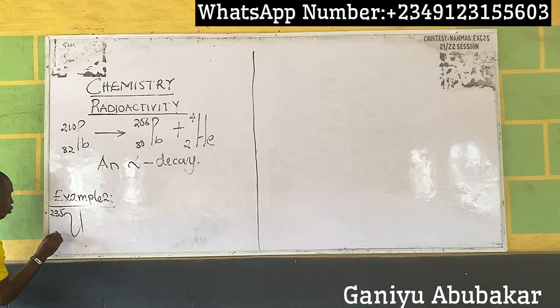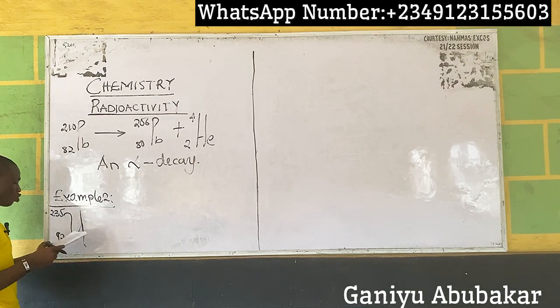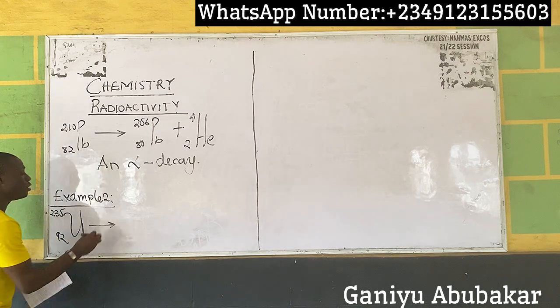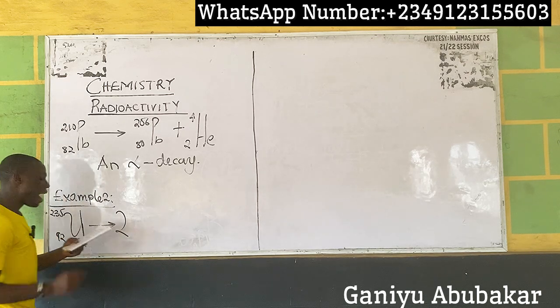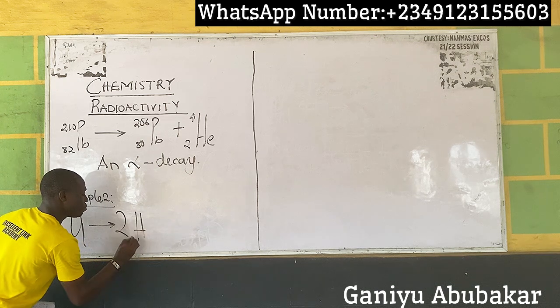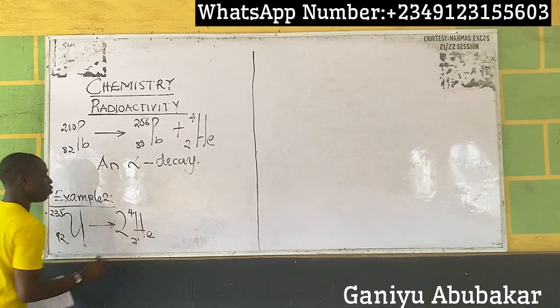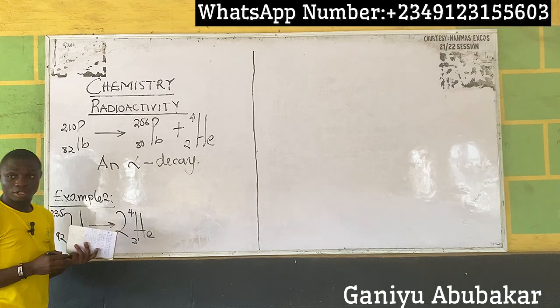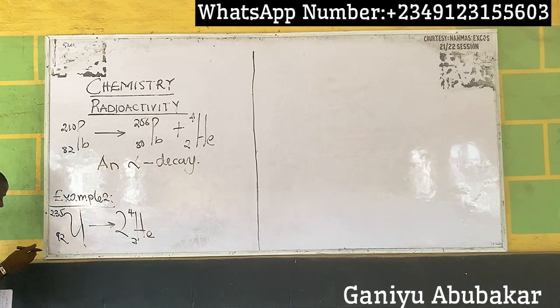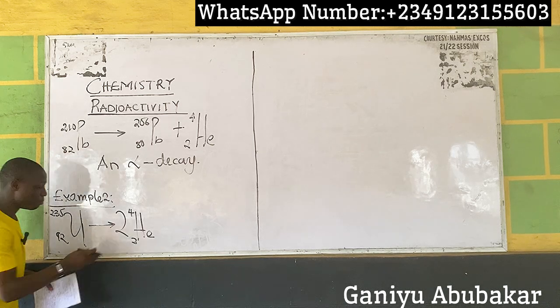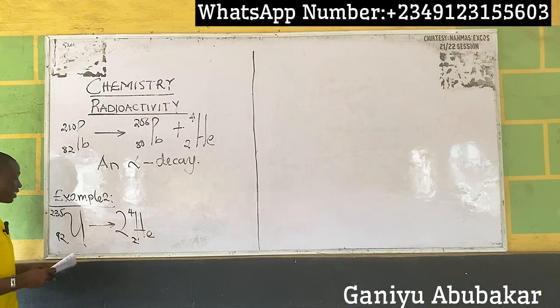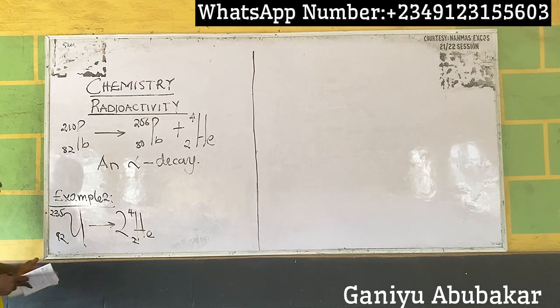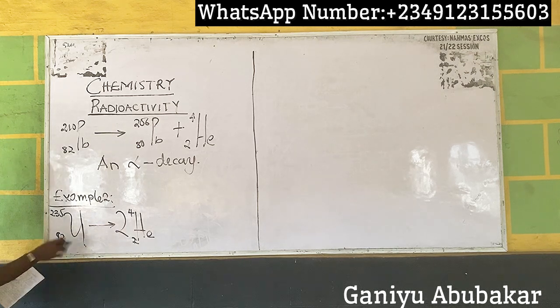I said the atomic number is 29, sorry, I wrote the correct thing down but said the wrong thing. 92 is the atomic number for uranium. It emits 2 alpha particles, which is He with 2 and 4.